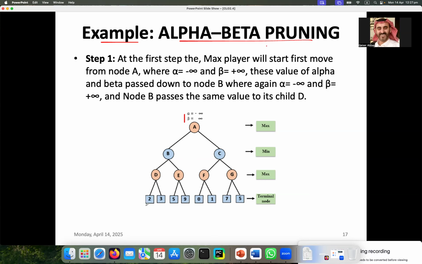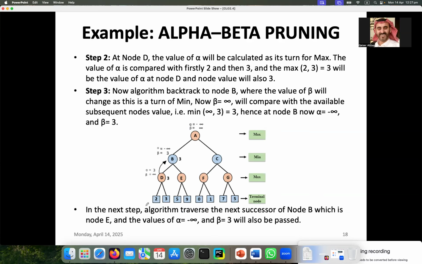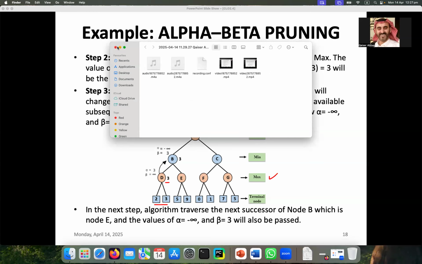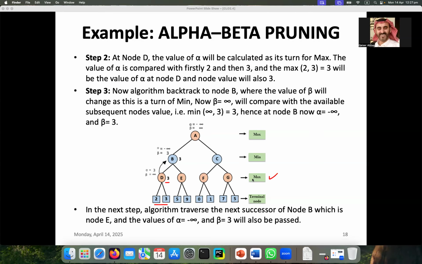So from these two, now if you look over here, this is the level for the max. It will accept the maximum value. It will compare, and then 3 will go up to this node. When 3 goes up here, this is the level for the max. It is not the level for the min where the value of beta would be updated.